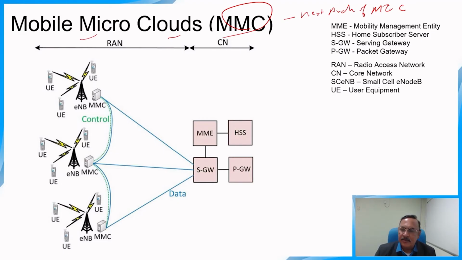With SCC, the computation and storage resources are provided by an interworking cluster of SCENBs. The UE exploits the computation resources of a single MMC.